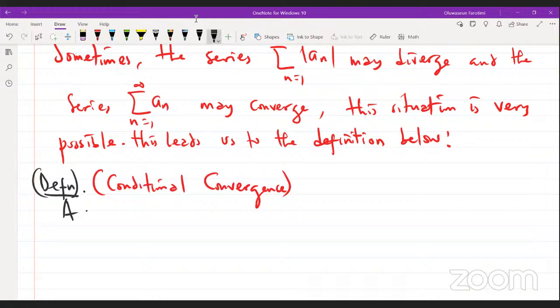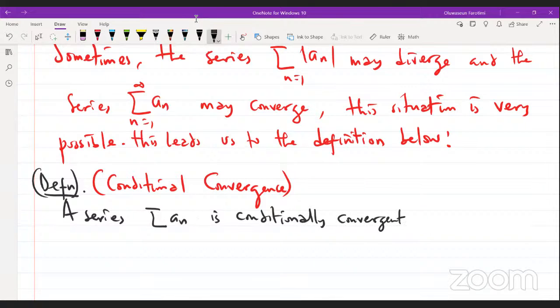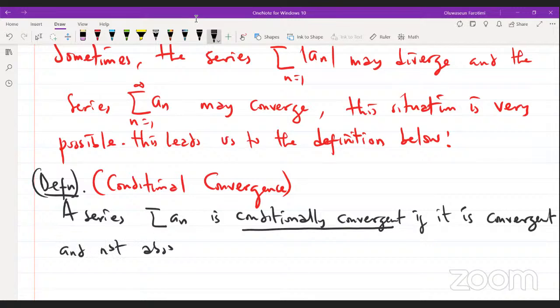Okay, so a series is conditionally convergent if it is convergent. A series is conditionally convergent if it is convergent. So let me underline conditionally convergent and not absolutely convergent.